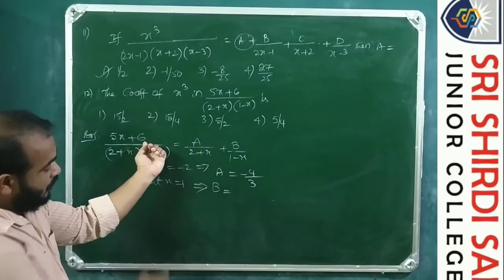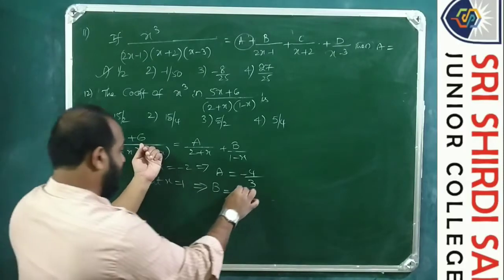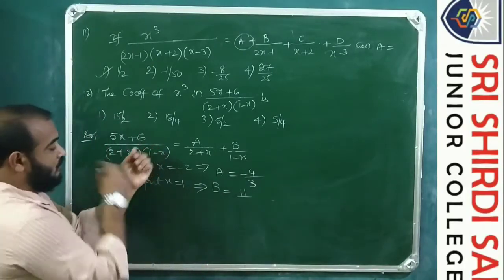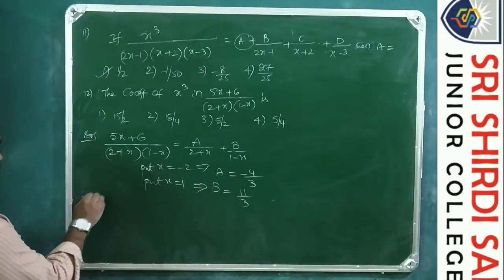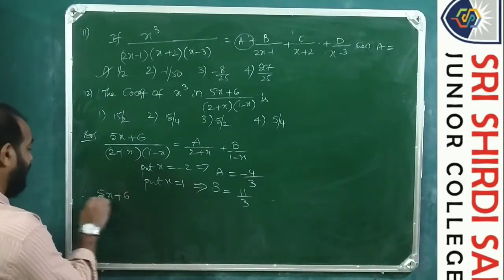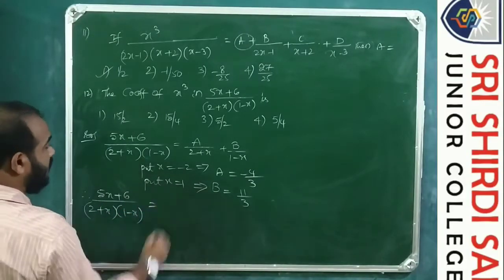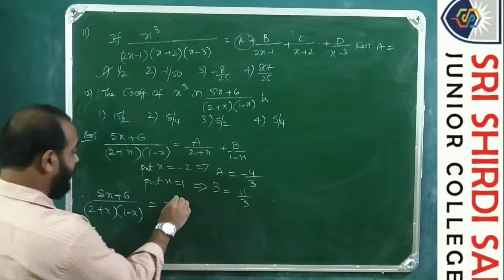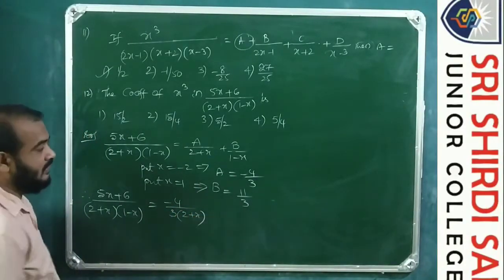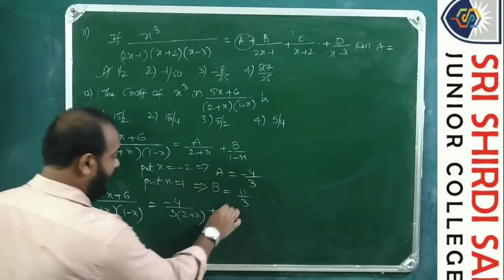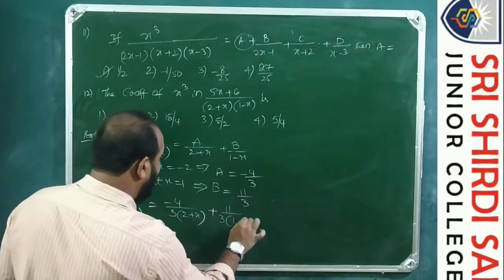So substitute 1 here. 5 ones are 5, 5 plus 6 is 11, by 2 plus 1, 3. So in this way we got the two values. Therefore (5x plus 6) by (2 plus x) into (1 minus x) is equal to, the value of a is minus 4 by 3 by (2 plus x), into (2 plus x), plus the value of b is 11 by 3 by (1 minus x).